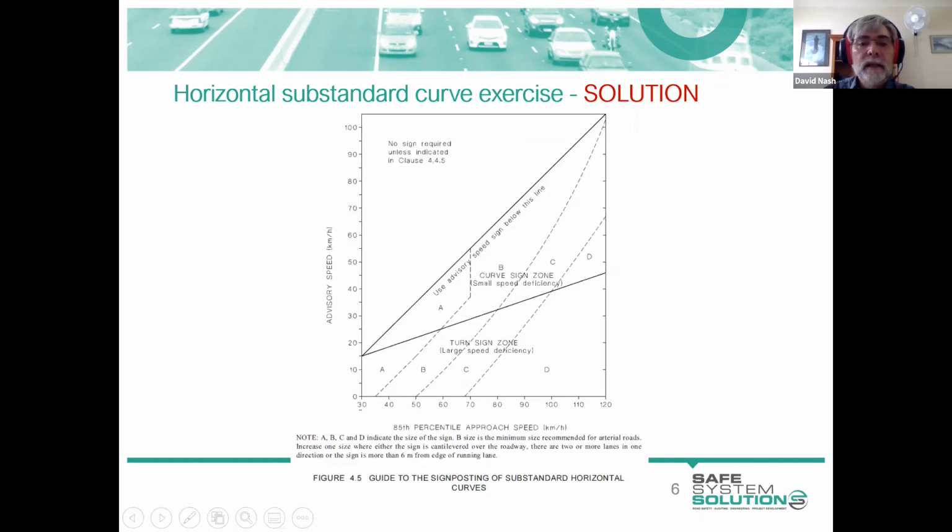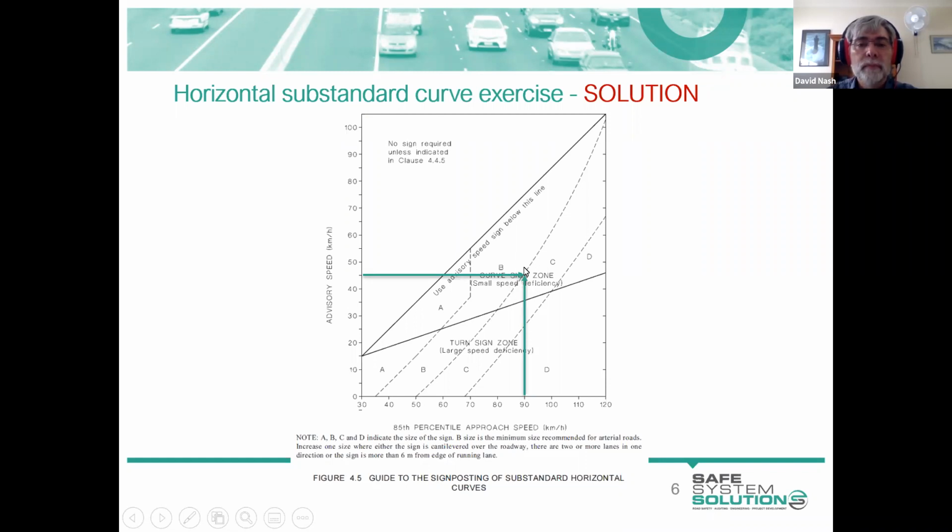And then the next graph is you look at this figure 4.5 to determine what sort of warning sign you need. Do you need a turn warning sign, which is the sharp angled one, or a curve warning sign? So with an advisory speed of 45 kilometres an hour and an 85th percentile approach speed of 90 kilometres an hour, it intersects there, which is just into the C zone probably, but pretty close to the B zone as well.